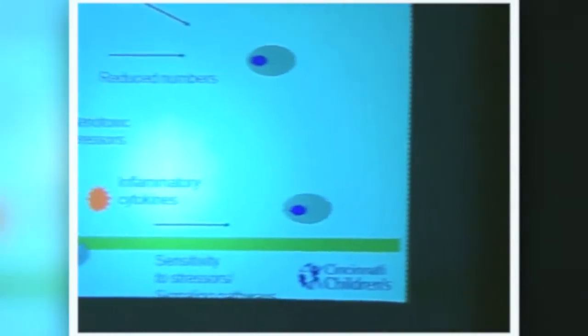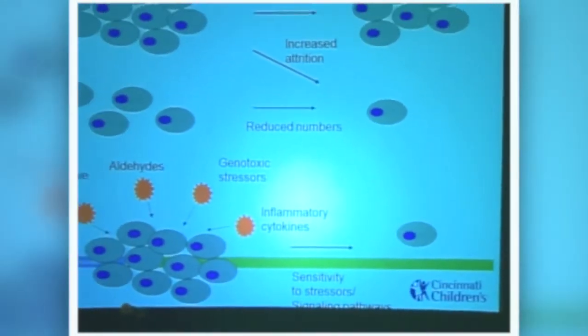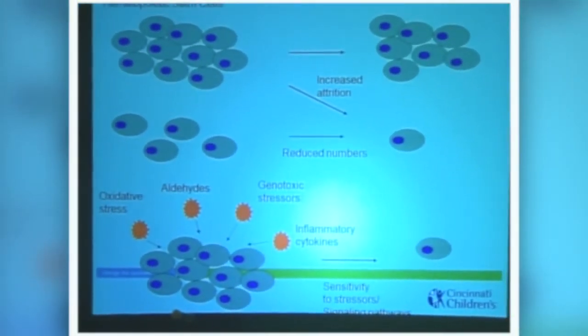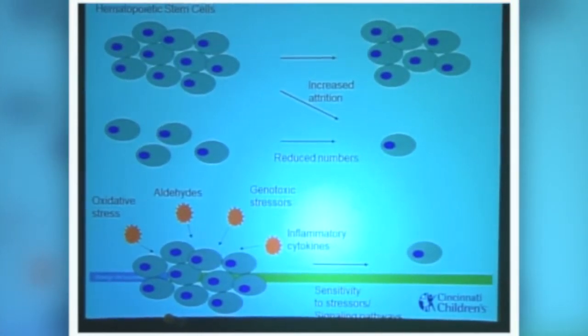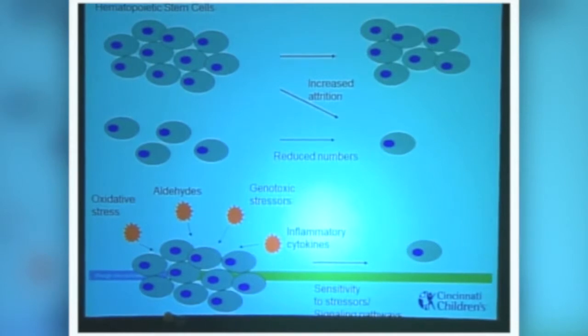As shown here, over time there is increased attrition of the stem cells, and there are reduced numbers of stem cells that cause progressive marrow failure. It makes sense. Now, why does it happen? As talked about before, there are some inciting events that have been recognized as possibly causing it or adding to the damaged DNA.